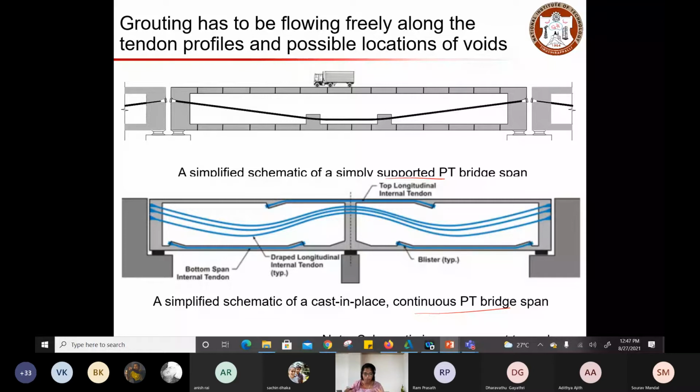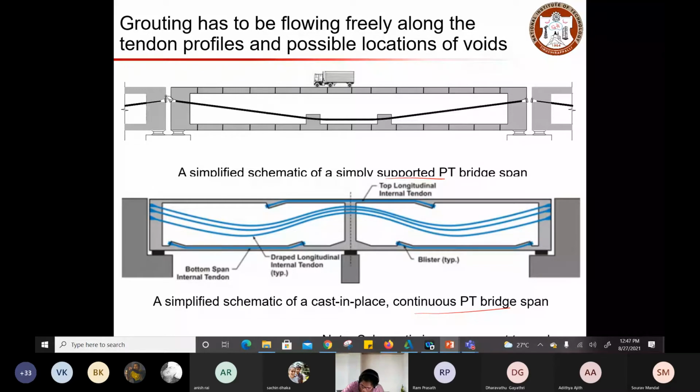So you go with this type of curved profile. The tendon is lower in the bottom part here, and then at the center, the tendon is placed at the top level.